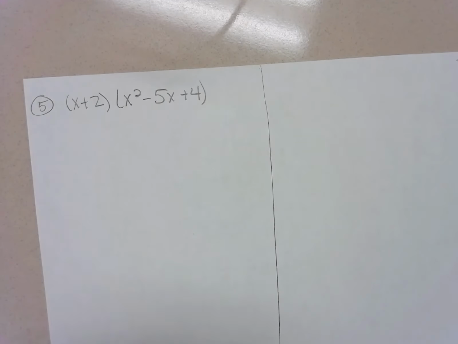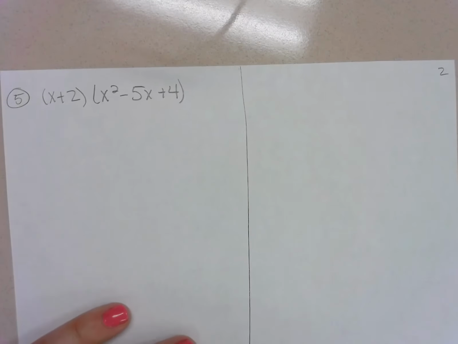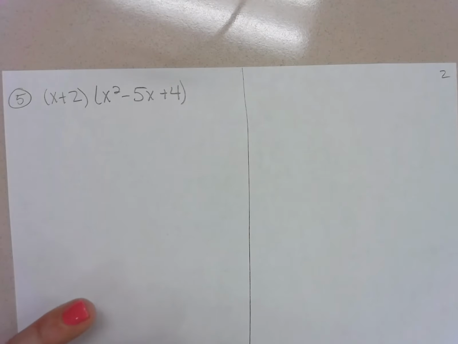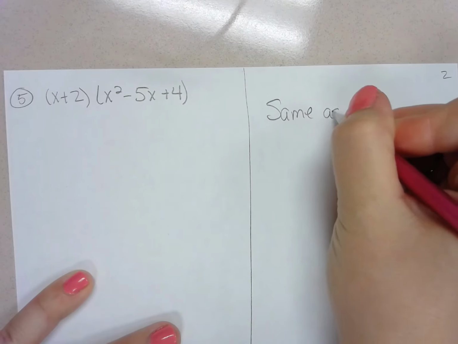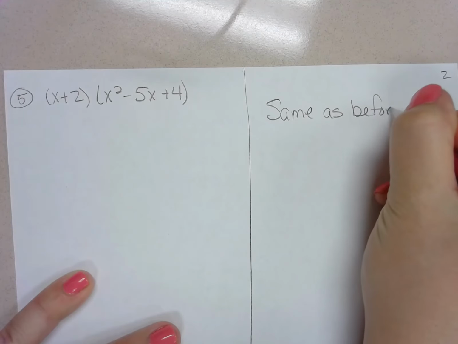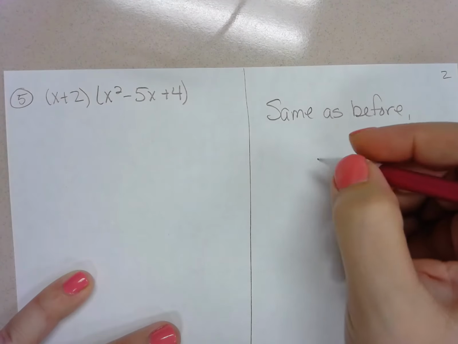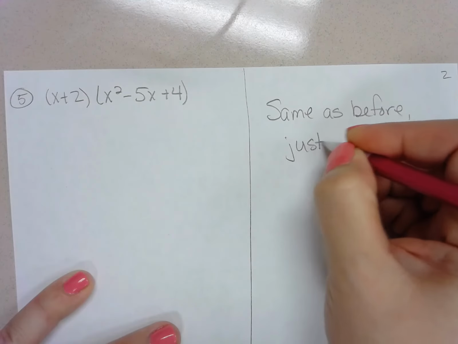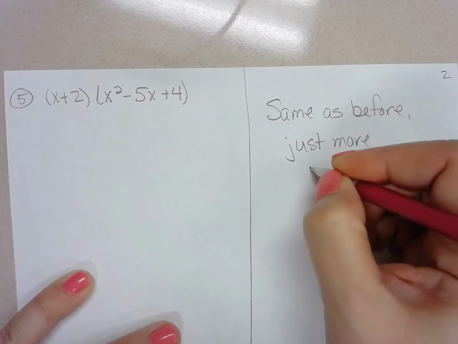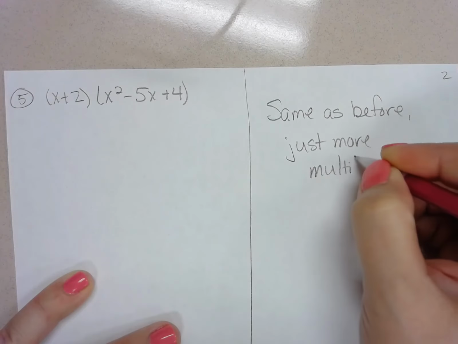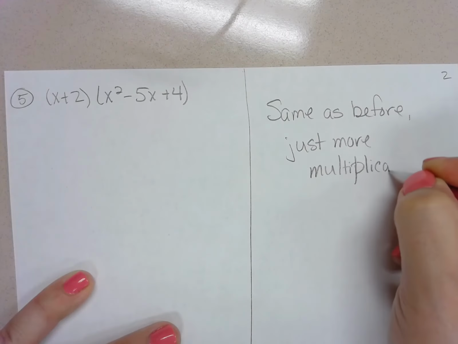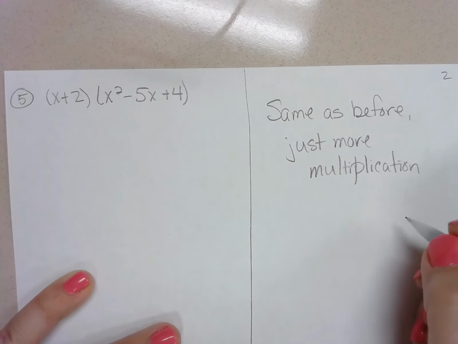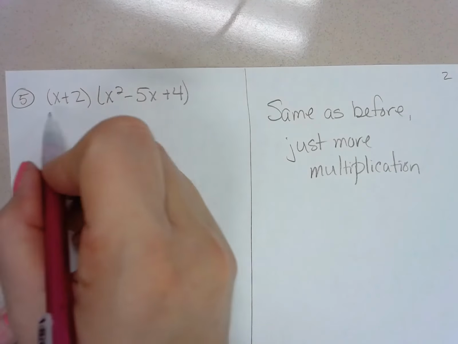This doesn't change how you solve the problem. It just changes how much multiplication you have to do. So, same as before. We just have more multiplication. So let's take this apart.